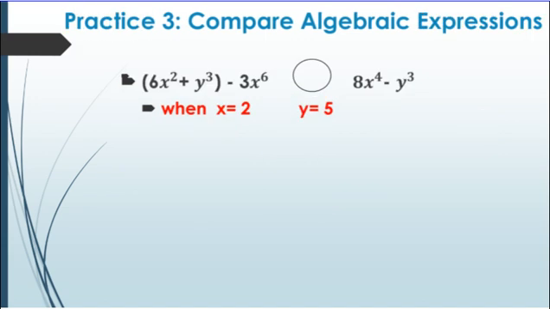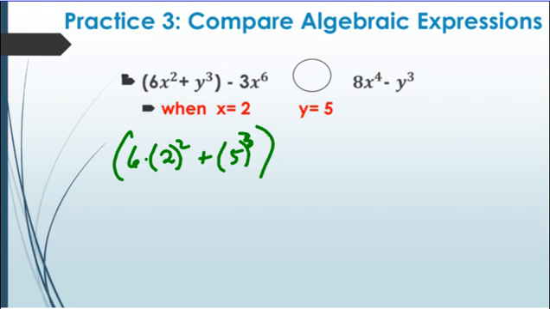Next example. Here x is 2, y is 5. So I have 6 times 2 squared plus 5 cubed, all that minus 3 times 2 to the 6th.